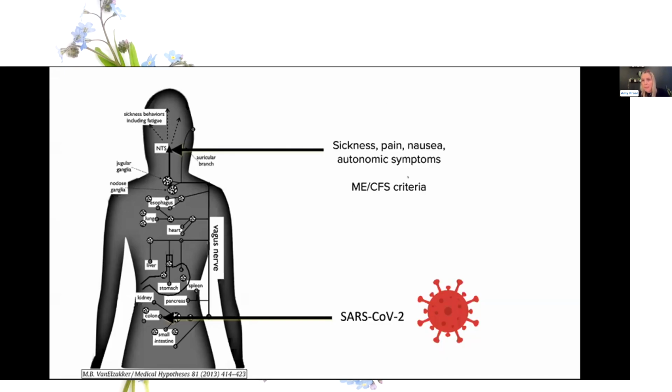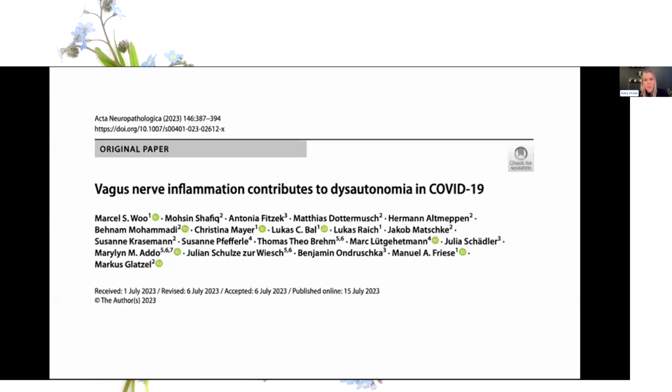criteria for ME/CFS. Okay, and it's just worth noting, for example, when we talk about whether there could be persistent SARS-CoV-2 in the gut, or let's say in the vagus nerve itself, which we sometimes think about, maybe the vagus nerve is directly infected in some people in a persistent fashion. This study is interesting. It's an autopsy study that was done in acute COVID.